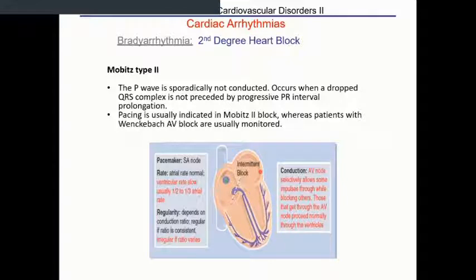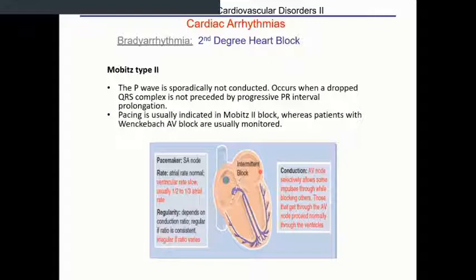In Mobitz type 2 second degree heart block, still the pacemaker is your SA node. The atrial rate is normal. However, your ventricular rate is slow, usually 1/2 to 1/3 of the atrial rate. The regularity of the rhythm depends on the conduction ratio: regular if the ratio is consistent, irregular if the ratio varies.